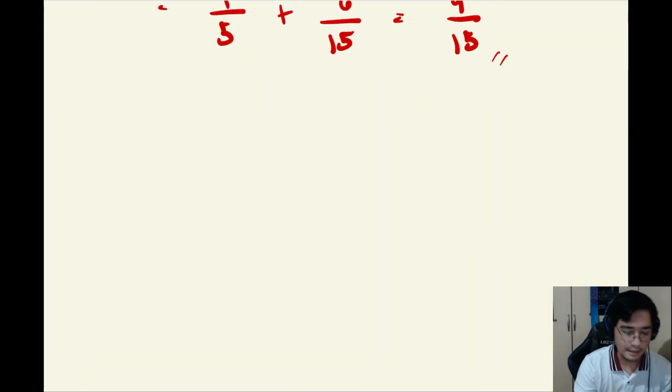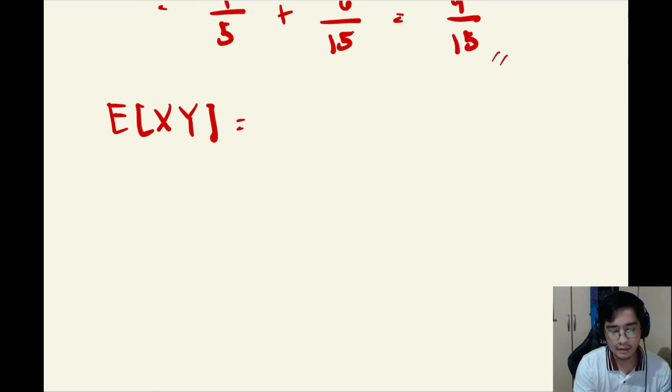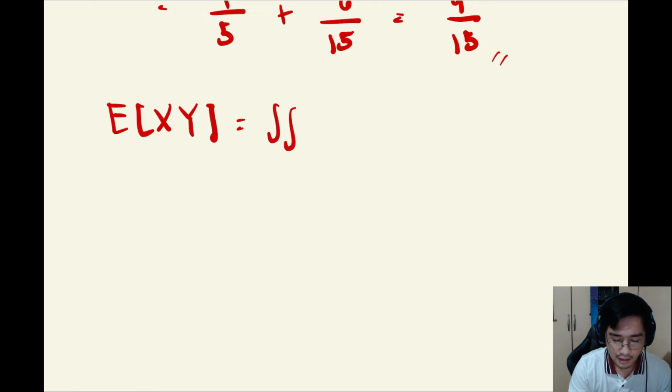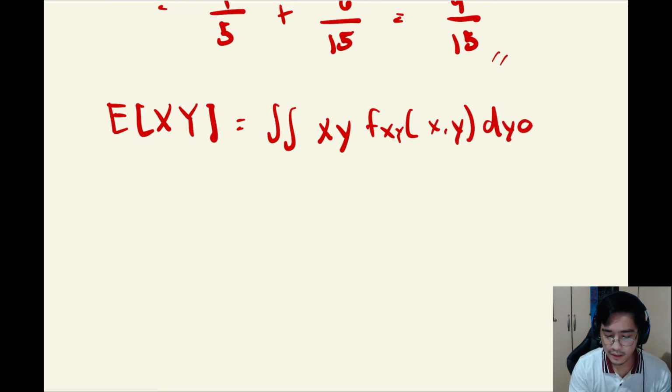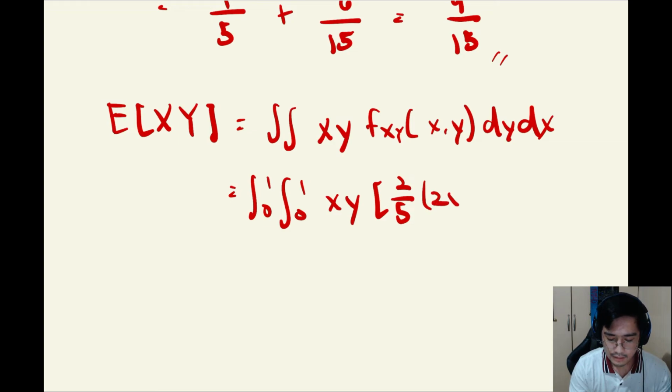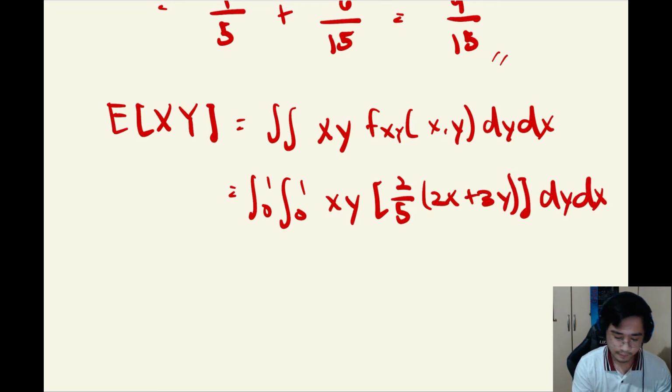We obtain the expectation of xy by using the joint PDF of x and y and integrating xy times the joint PDF over dy dx. This is the integral from 0 to 1 and 0 to 1 of xy times 2/5 (2x + 3y) dy dx.